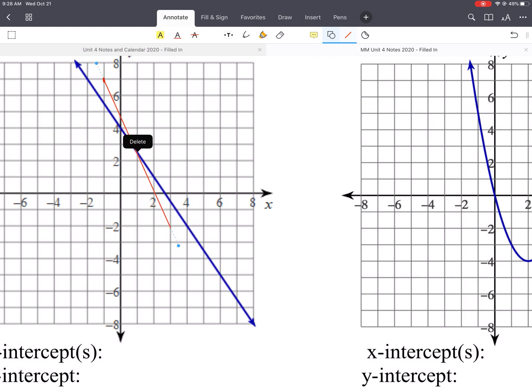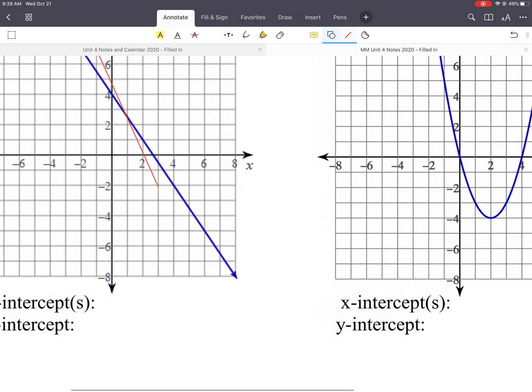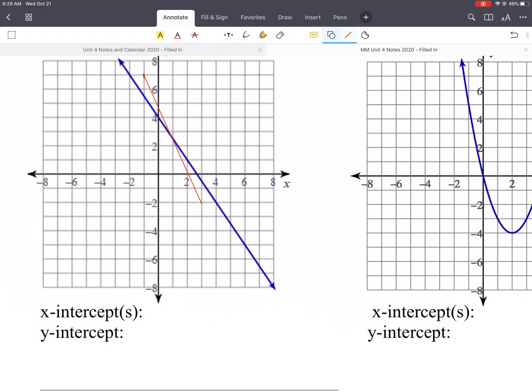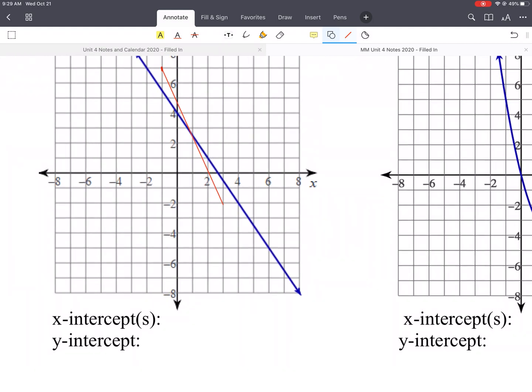There we go. All right, so try that one. I'll fix that. Do the red, and then try this one as well. Okay, sorry about that. Let's go back and give this a try.